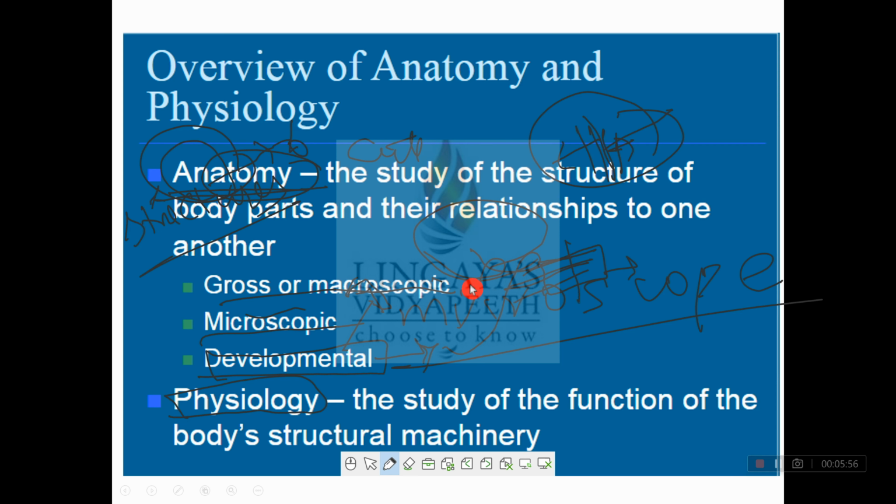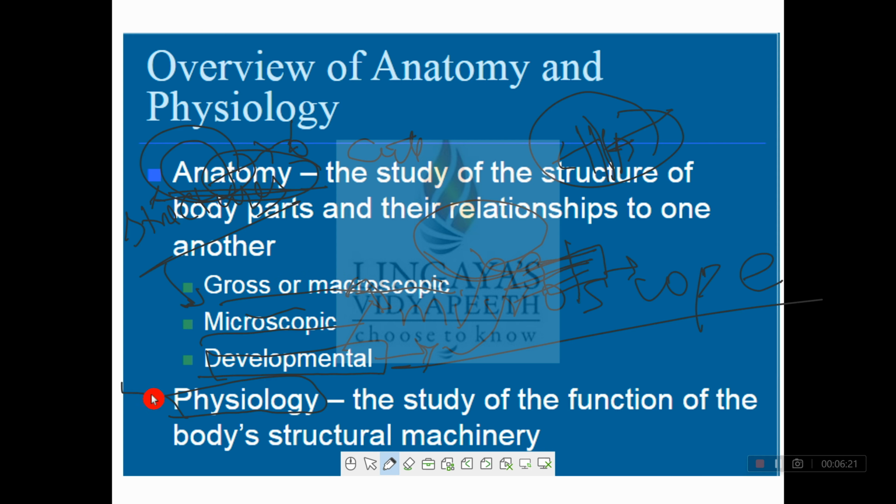For example, in the respiratory system, there are lungs, nose, and different organs that are related to respiration. In anatomy we will study these structures, that is, what the anatomy of this structure is, which vein or artery is supplying blood, which muscles are attached, how many bones are there. We will study this in anatomy.